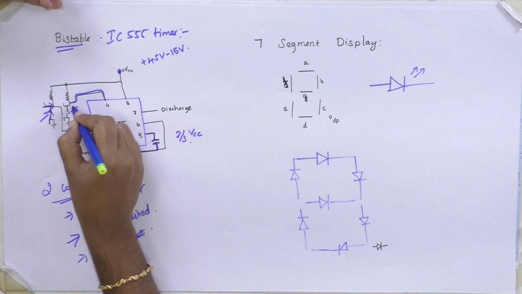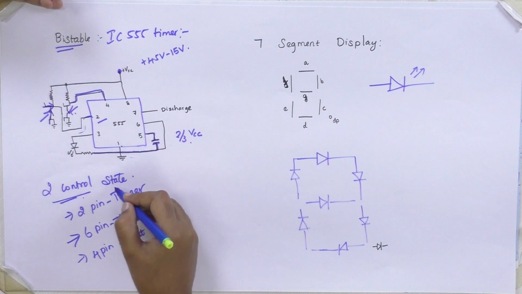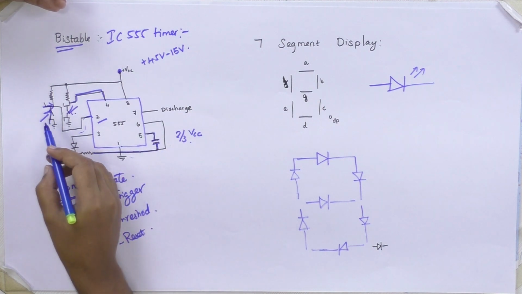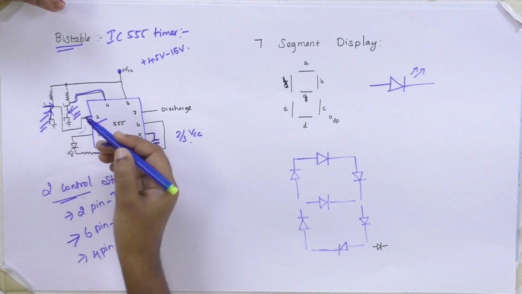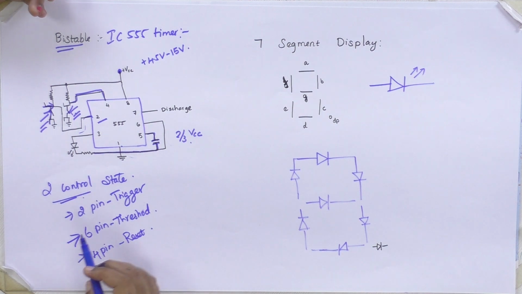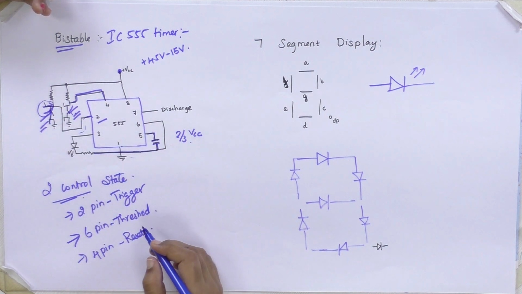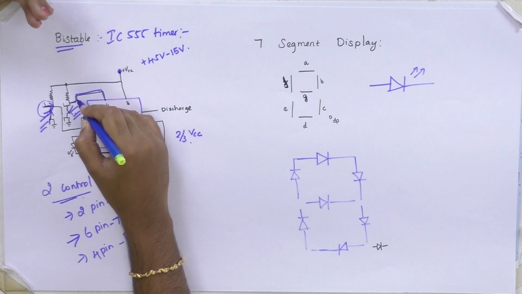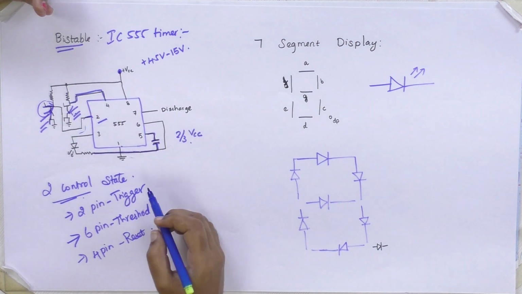If you press the reset button, your capacitor will automatically be discharged. So it is controlled by means of two switches: one supplies the trigger pin, another supplies the reset pin. It resets the whole timer.